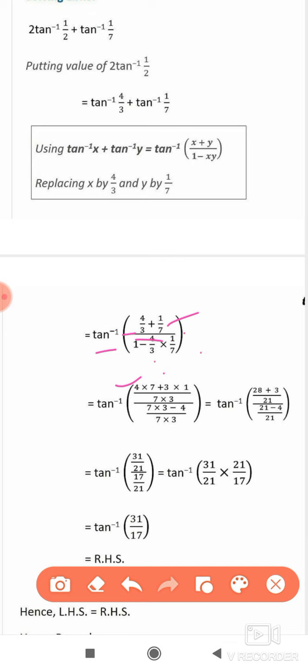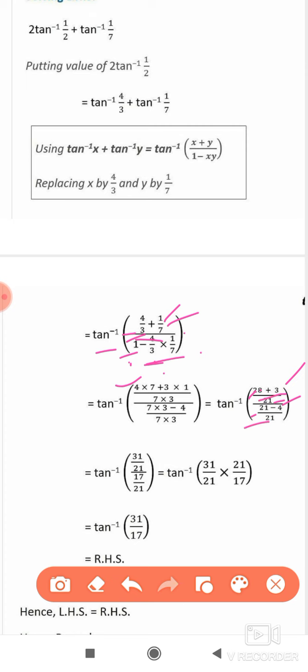3 into 7 is 21. Just solve this. 21 divided by 3 is 7, and 7 into 4 is 28. And then when we divide 21 by 7, we get 3, and 3 into 1 is 3, divided by 21, and then 21 minus 4.